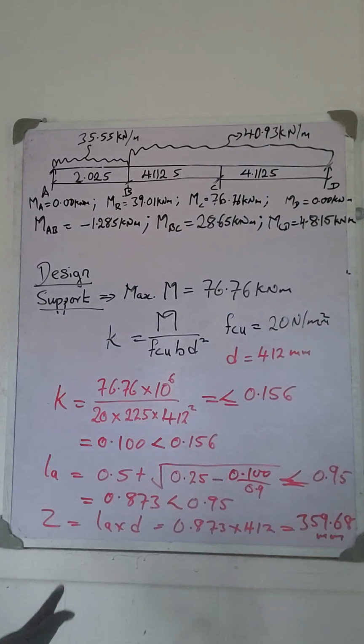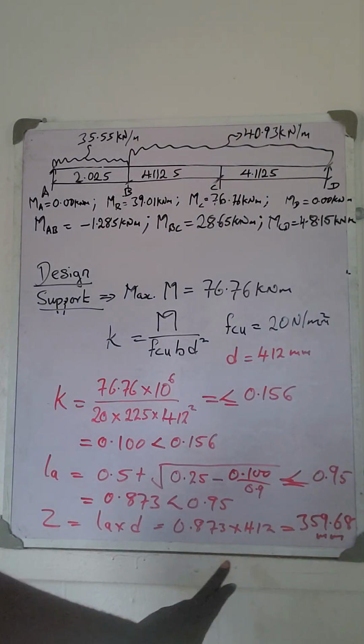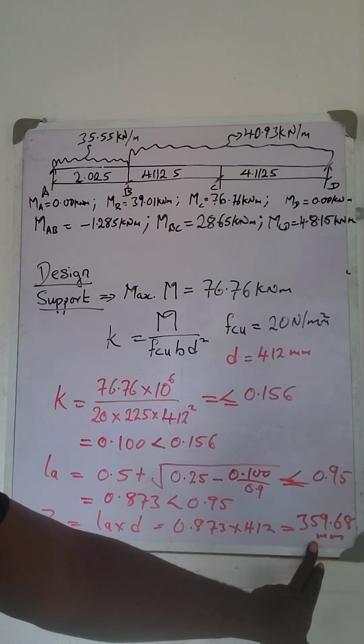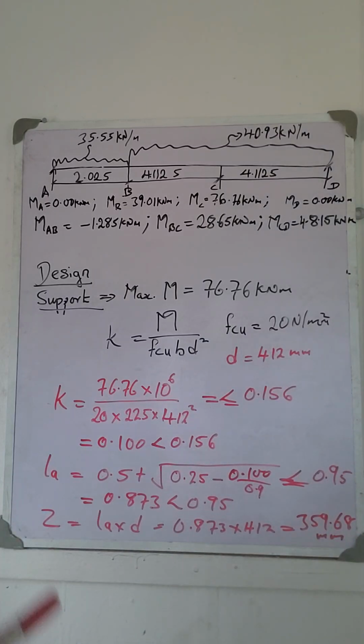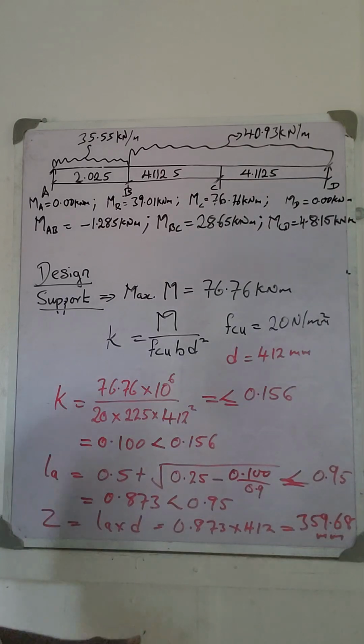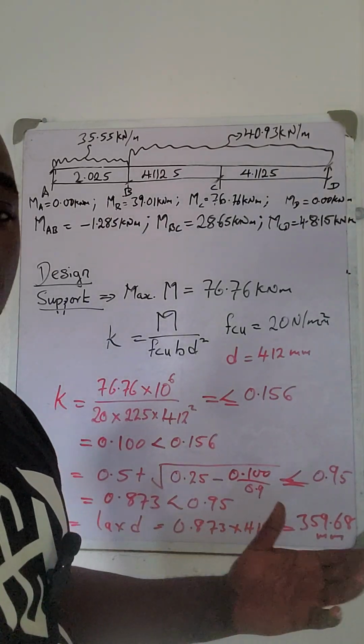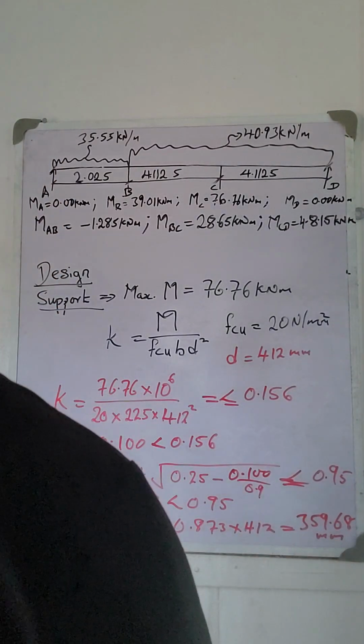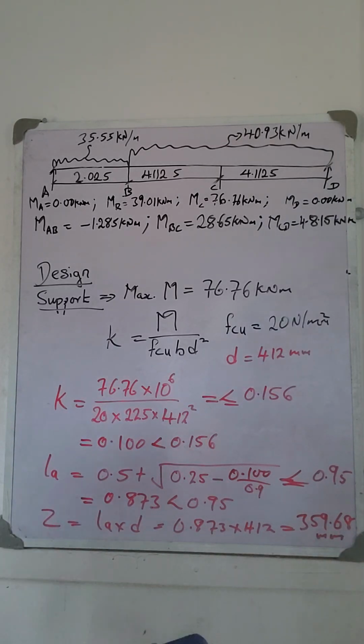So the value of our Z is equal to 359.68 millimeters. So you know what we're calculating for today. What we want to get is our area of steel. Now we are getting to the final.